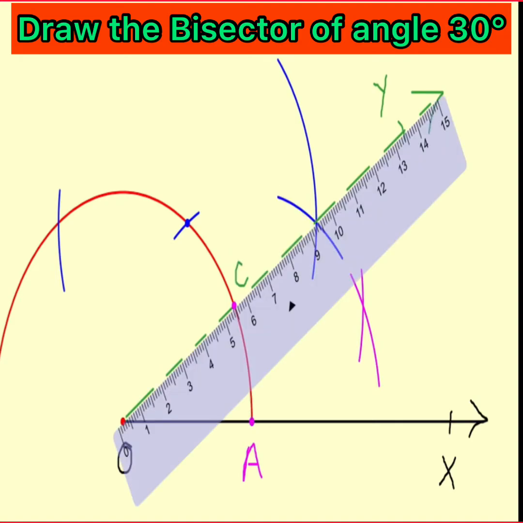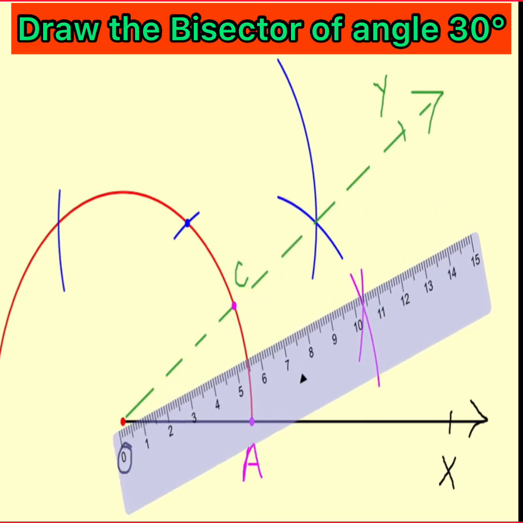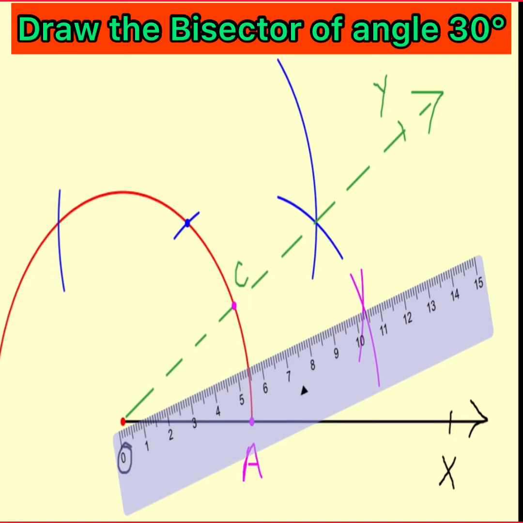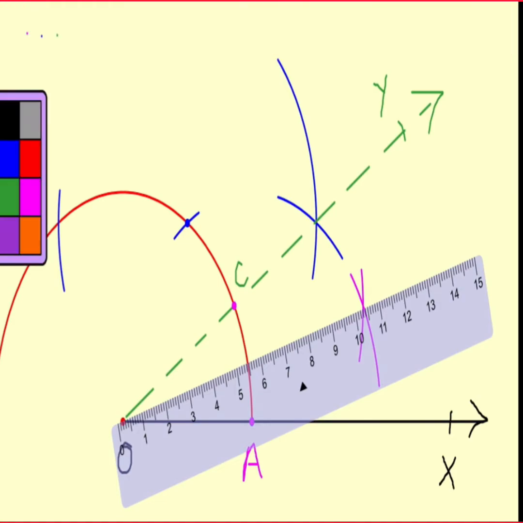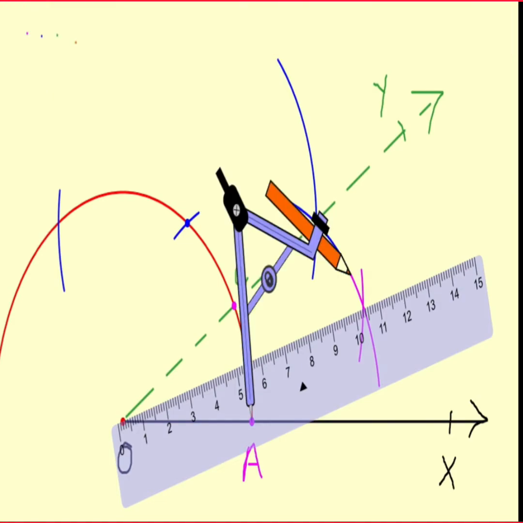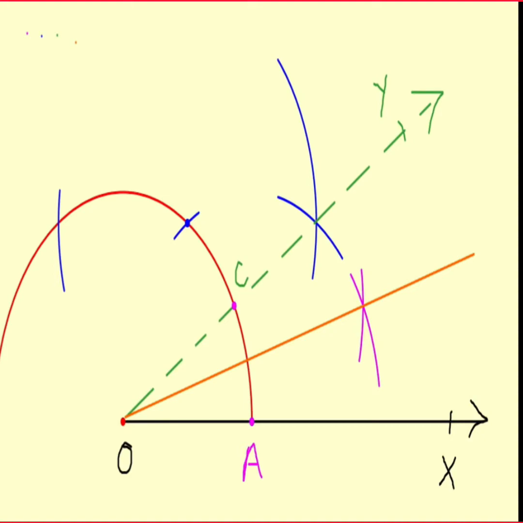Now you will take the ruler and join this intersection point to the initial point O. You will get a ray. The name of this ray is OZ.